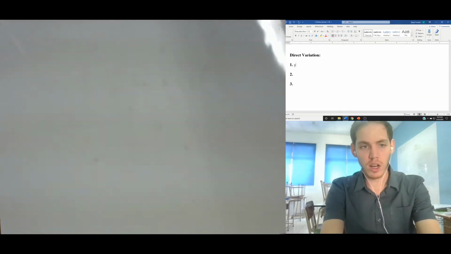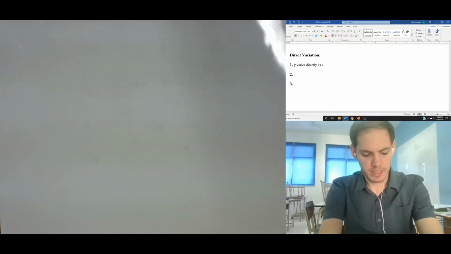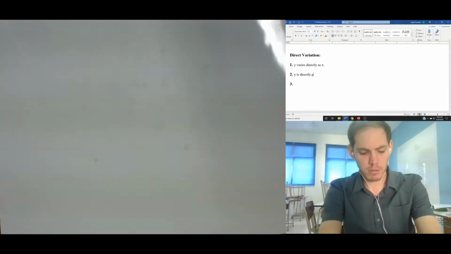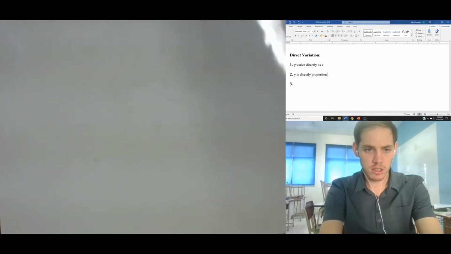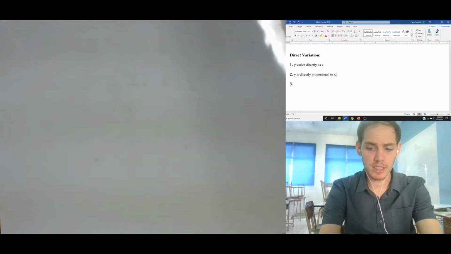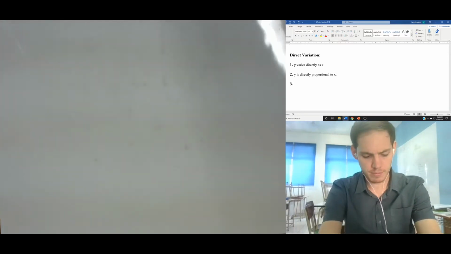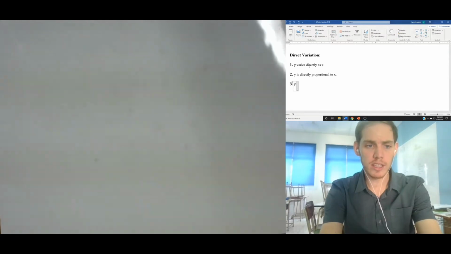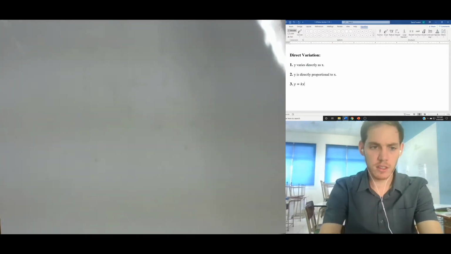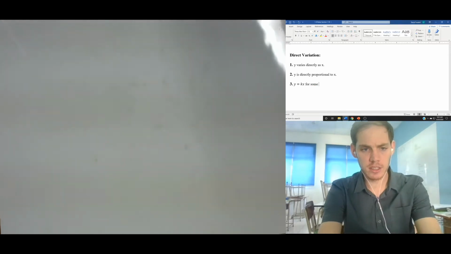So y varies directly as x means the same thing as y is directly proportional to x. And third, y equals kx for some non-zero constant k.